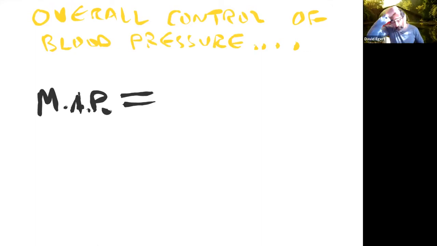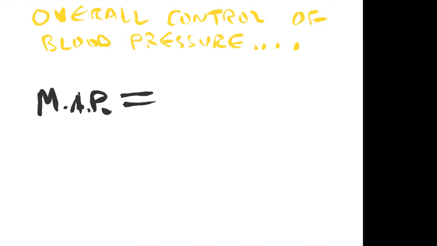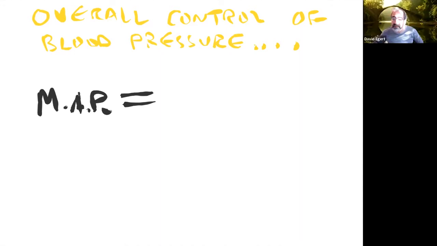And then what was the formula? What did we say were the two fundamental things that control your pressure? Is it systole over diastole? No, that is the pressure. But we want to talk about the things that influence that pressure.